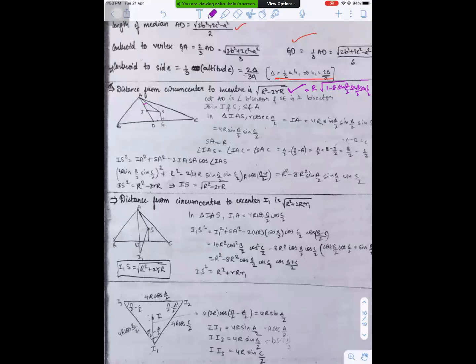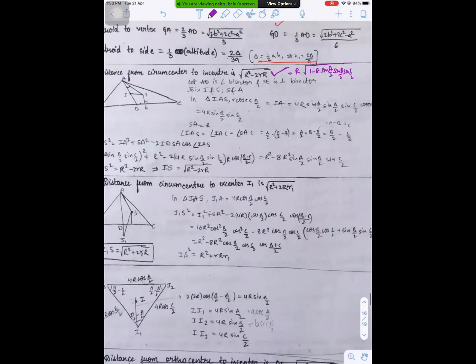So angle IAS equals IAC minus SAC. IAC, as the angle bisector, is A by 2, and SAC is 90 minus B. So the total result is B by 2 minus C by 2. Depending on the order, it may be B by 2 minus C by 2 or C by 2 minus B by 2.